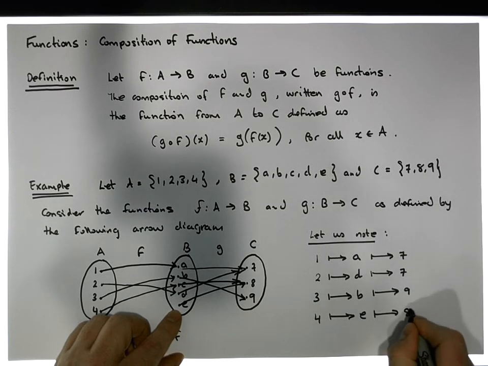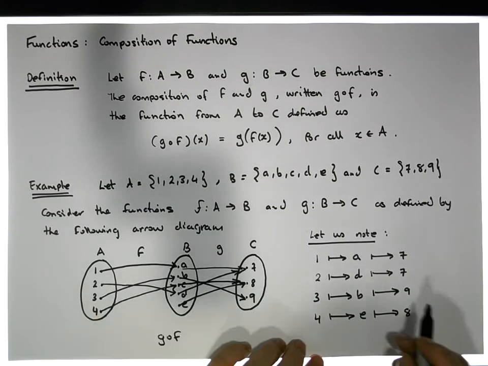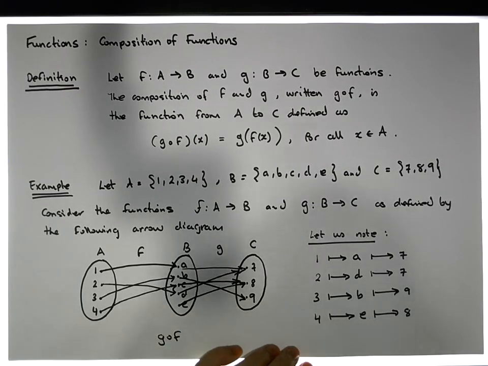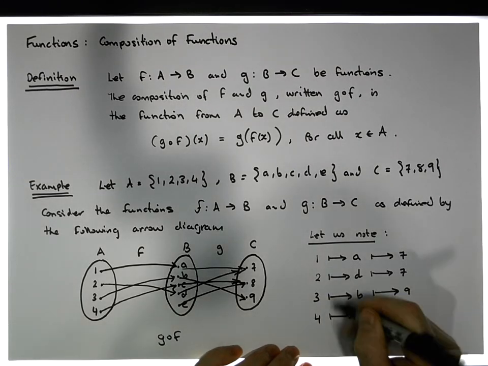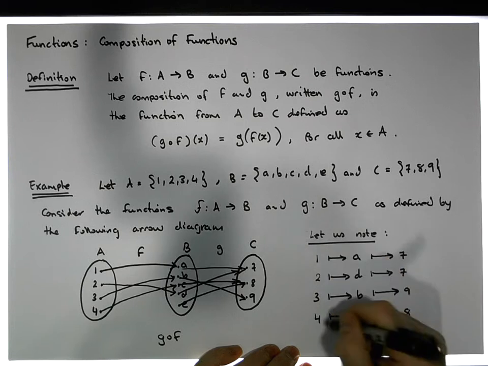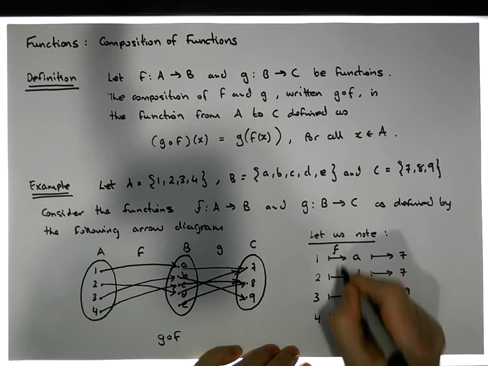So what we really have now is a function. This is the mapping f and this is the mapping g.